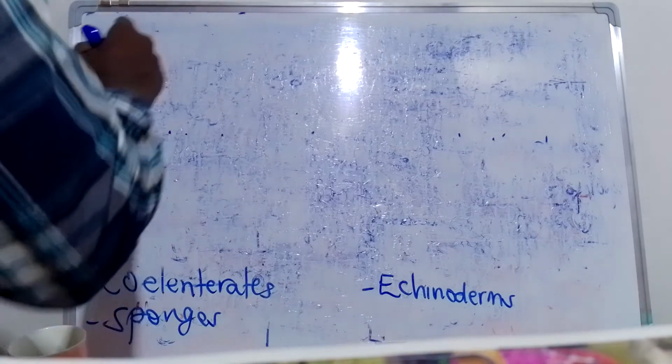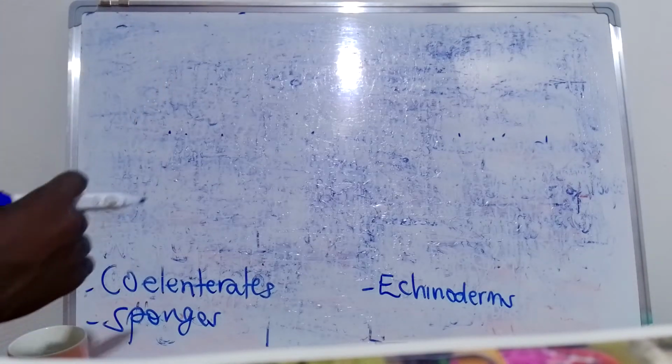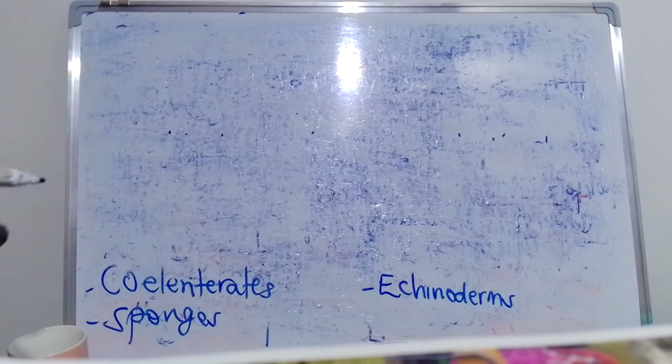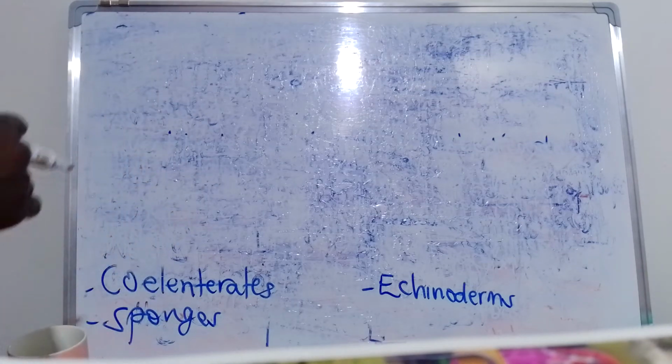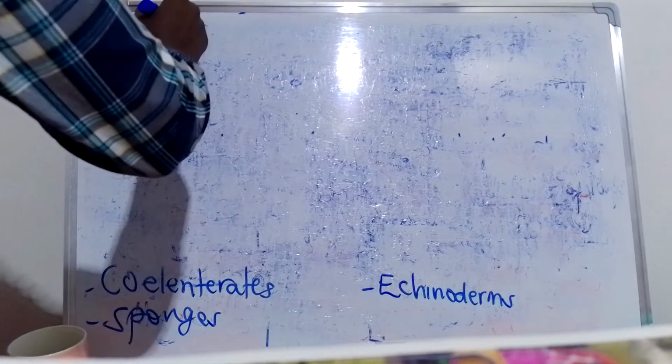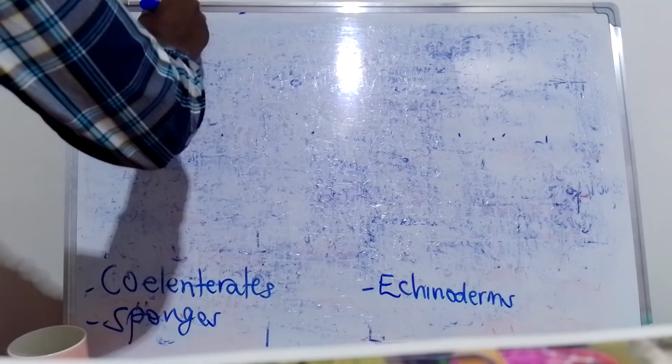Like we have said, arthropods are invertebrates whose bodies are segmented and they have jointed legs. Let's look at groups of arthropods.